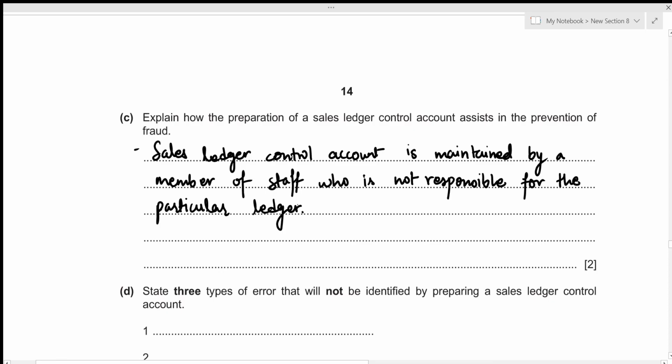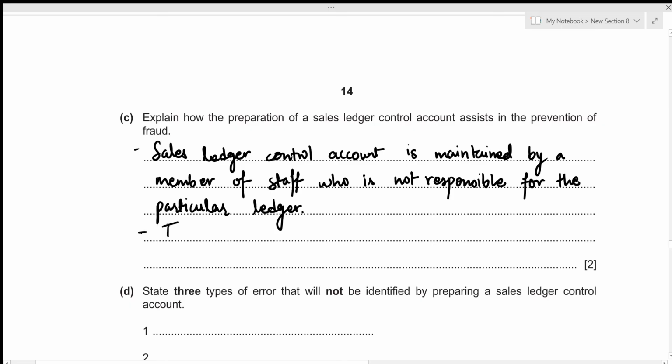And secondly, the segregation of duties acts as a deterrent to fraud and makes the discovery of fraud easier because we're segregating the duties for preparing the sales ledger and preparing the sales ledger control account. So if there is a mistake in any one of those, we can easily figure out the fraud, and it prevents the staff from doing so as well. Let's write that down.